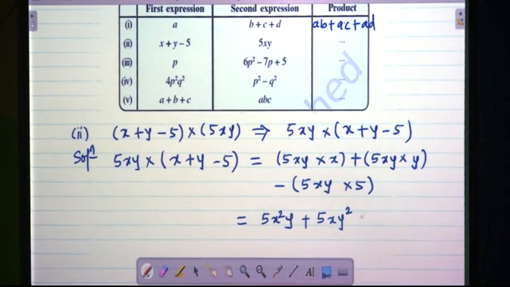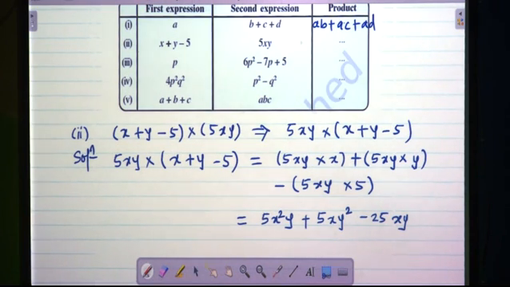Now minus sign after the second term, it becomes what? 5xy into 5. 5 fives are 25 and it is xy. So this is the answer of the second sum.